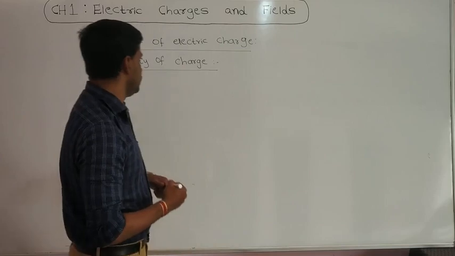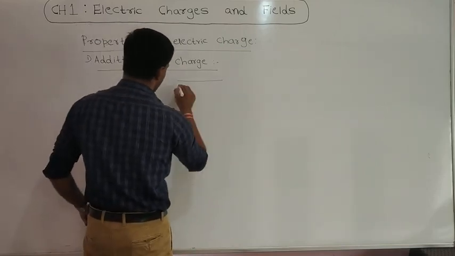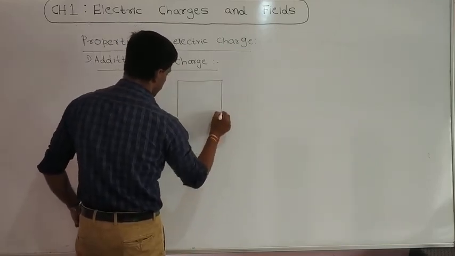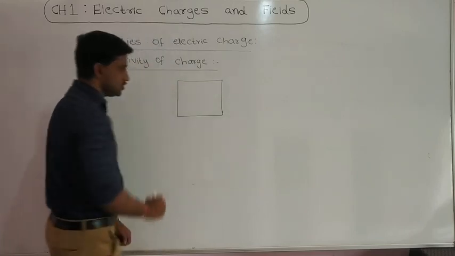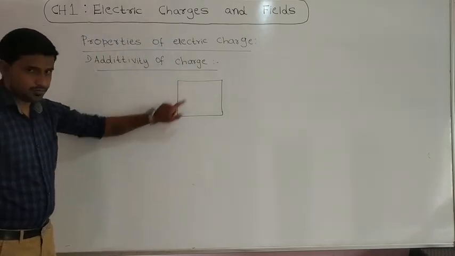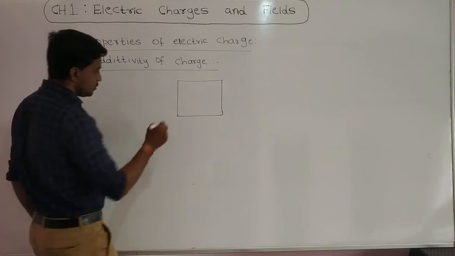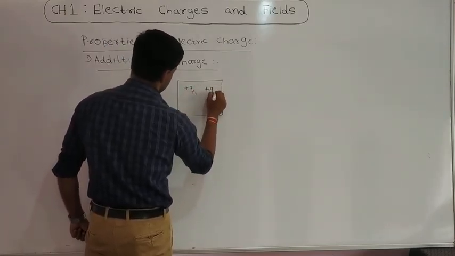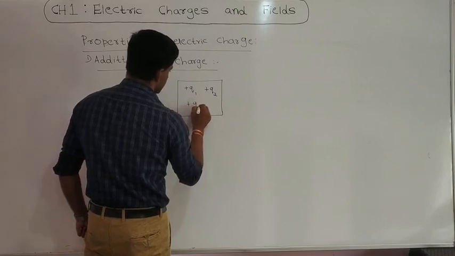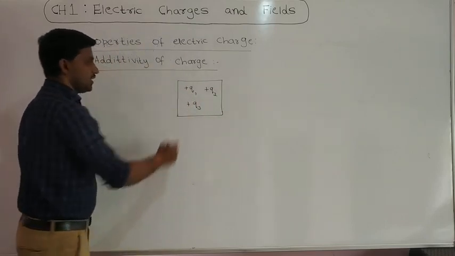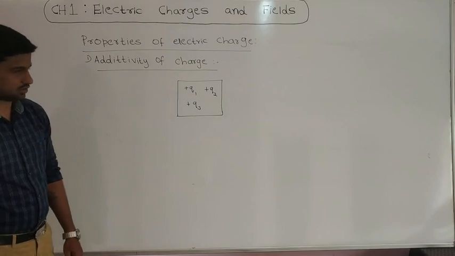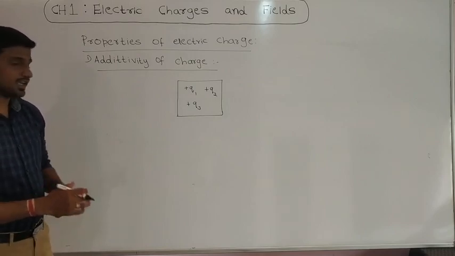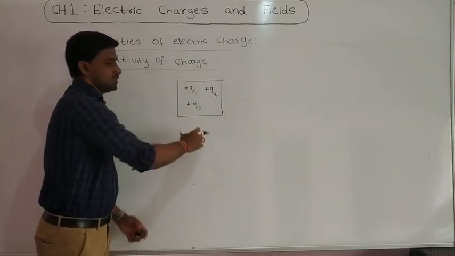For example, if I take one system or body, assume that this is a charged body. Suppose it has 3 positive charges, denoted as plus q1, plus q2 and plus q3. All are positive charges. Now how can I count the total charge in this?